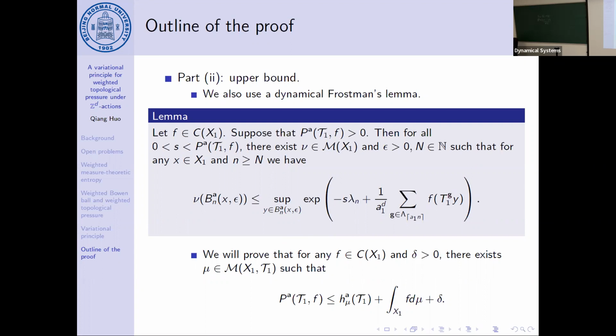And then you can write the formula for pressure: entropy for a finite partition plus the integral of the potential. And then go to the limit with these n epsilon separated sets, keeping epsilon fixed, growing n, taking close to optimal n epsilon separated sets, and taking a limit of these measures.